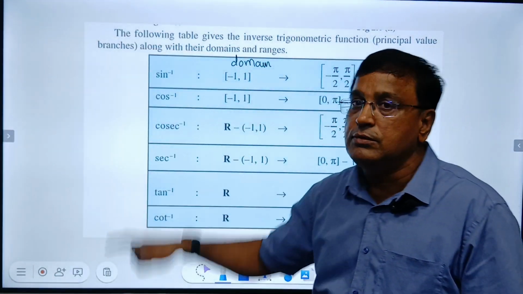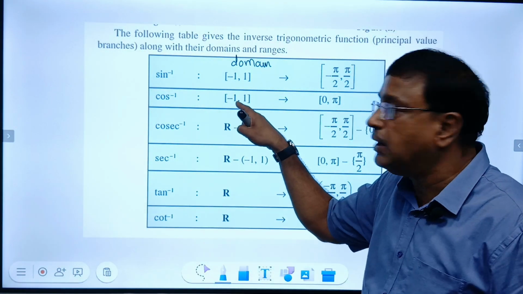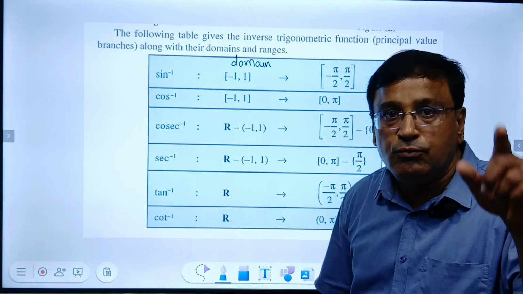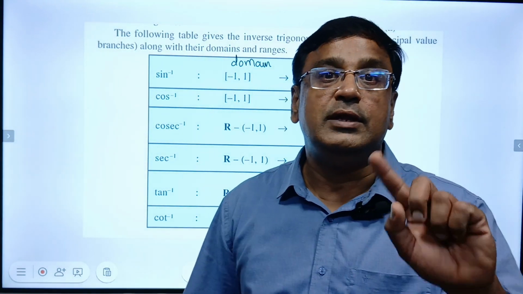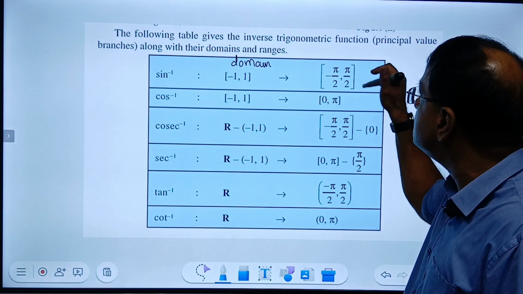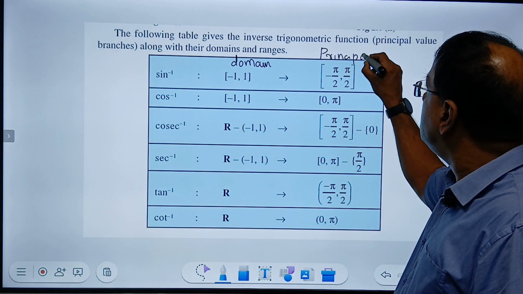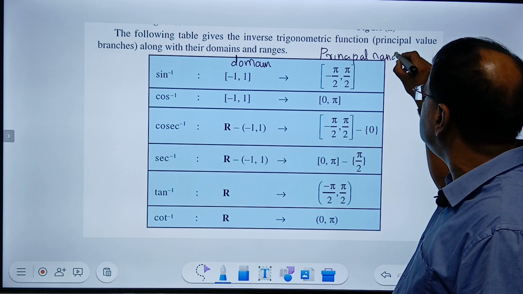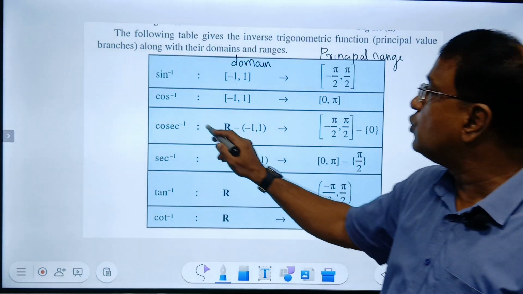Now look at cos inverse. Cos maximum value is 1, minimum value is minus 1. Minus 1 to 1. And you have noticed very carefully, 0 to pi it was 1 to 1 and on to, therefore inverse exists. That is why this is called the principal range. There are other ranges, but this is the principal range, 0 to pi. Now look at cosecant.